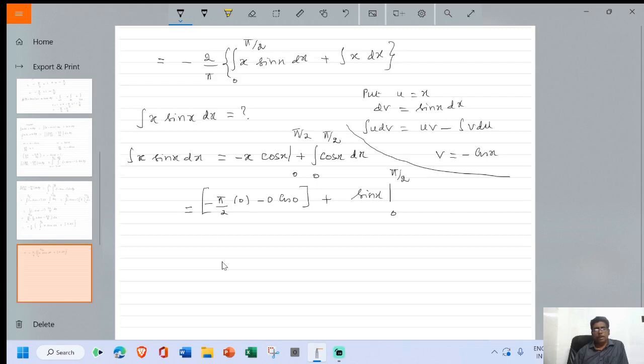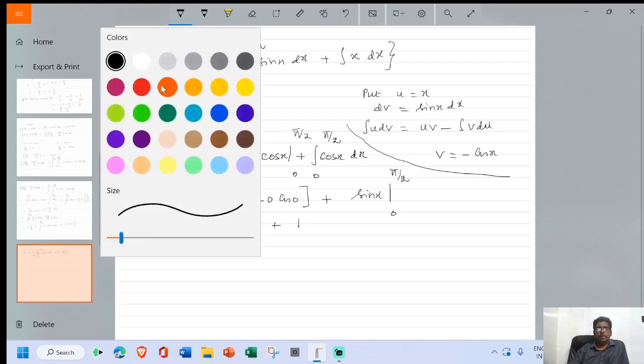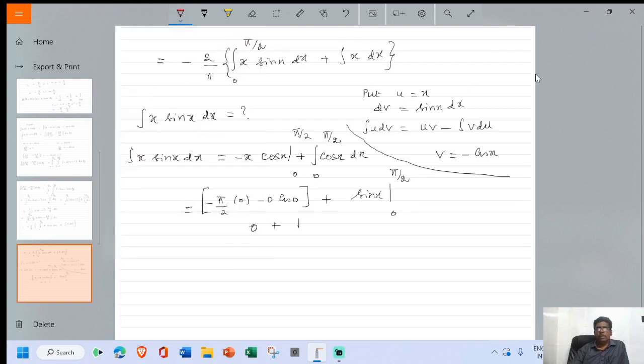See here, pi by 2 into 0 is 0, 0 into cos 0 is 0, so the first term is 0, plus sin pi by 2, the upper limit, is 1, then sin 0 is 0, so the integral value is 1. So instead of this integral, we put 1.